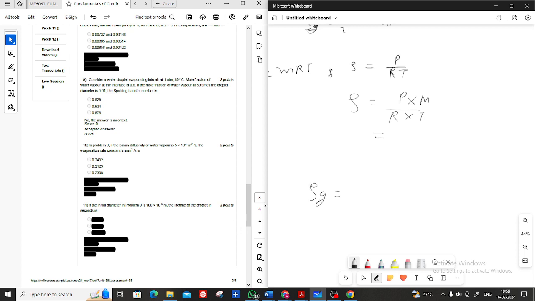Here R is the universal gas constant, T is the temperature, P is the pressure, and M is the molecular weight. Is this clear to you?